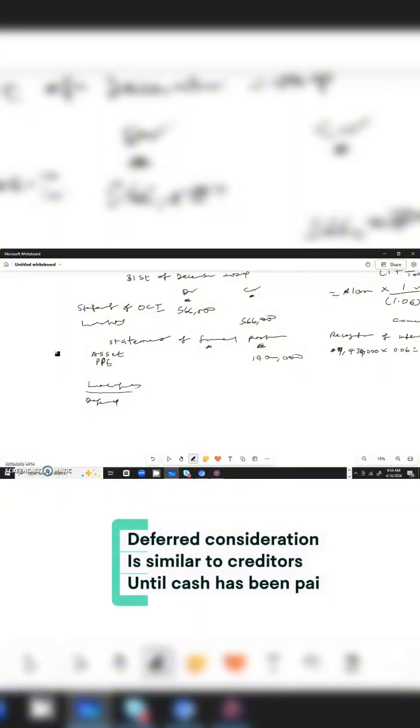Deferred consideration, which is an addition of the interest expense and the balance on the asset.